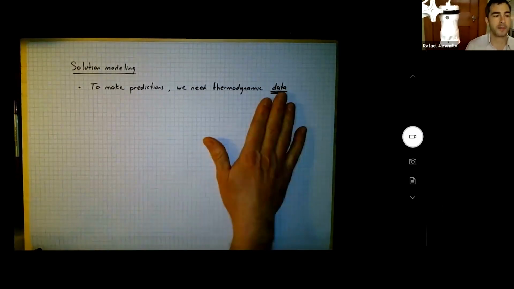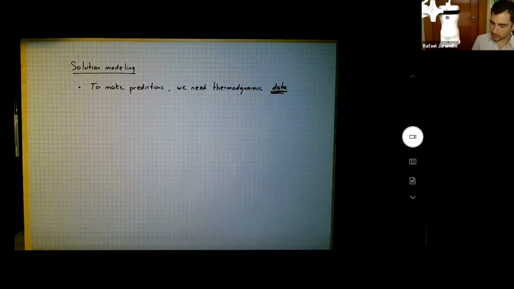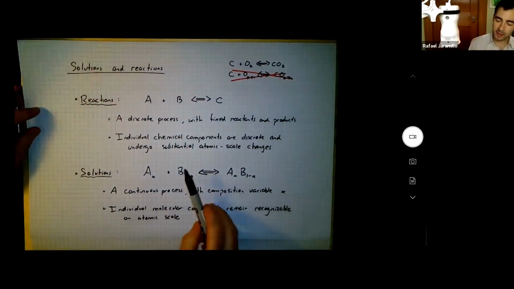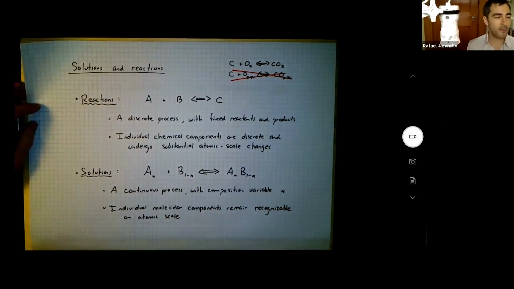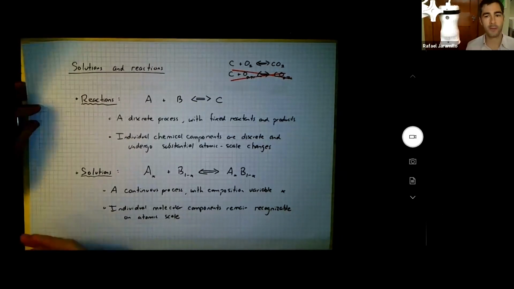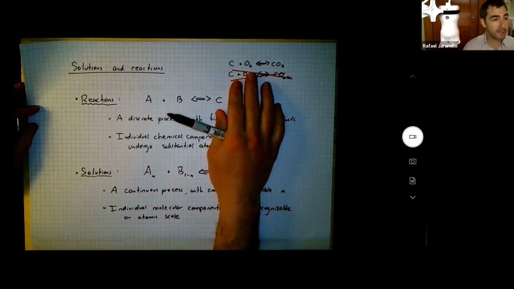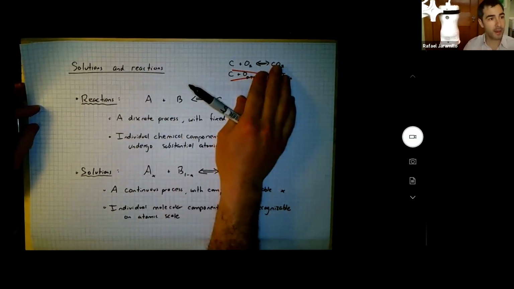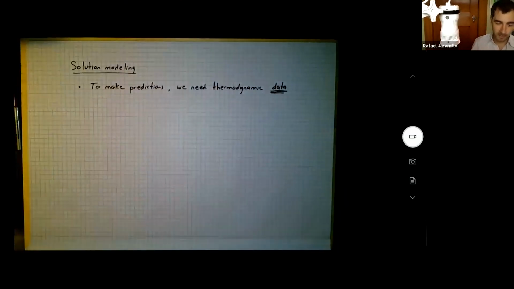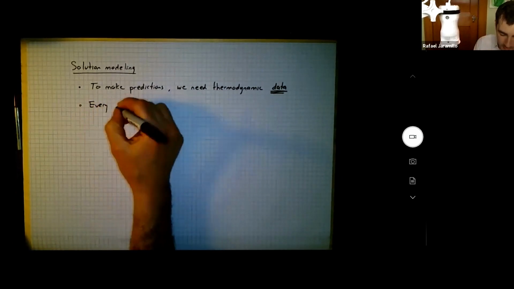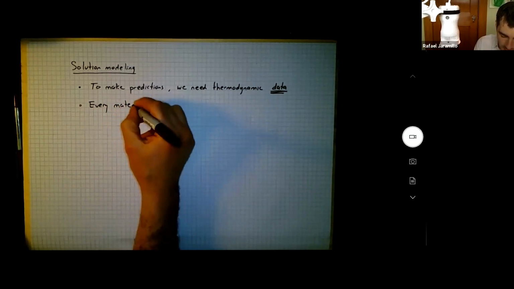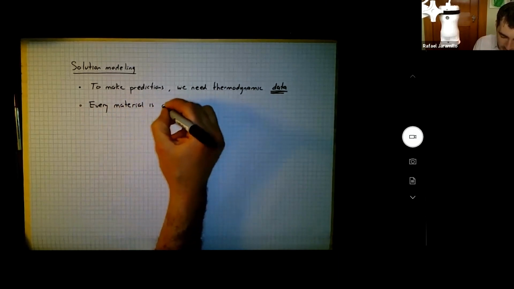You need the data. And you know, when we were doing reacting systems, you had carbon and oxygen and CO2 and other molecules, and you could say, "Oh, I know what that is. I've seen that before. I know how to search for that data, right? Maybe I'll just find it on Wikipedia." That's a well-defined thing, oxygen, right? It's a well-defined thing, carbon dioxide, no problem. But every material is different.